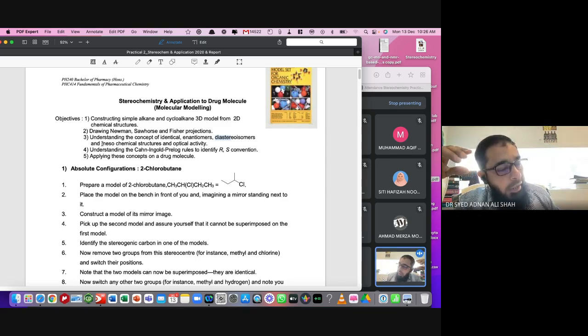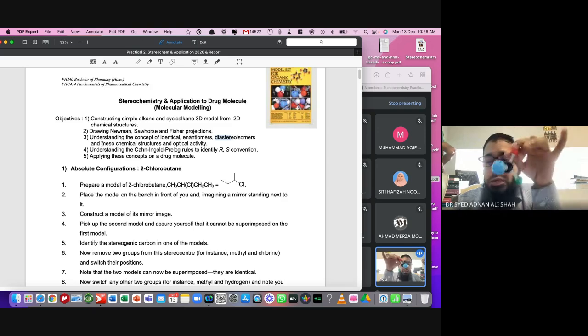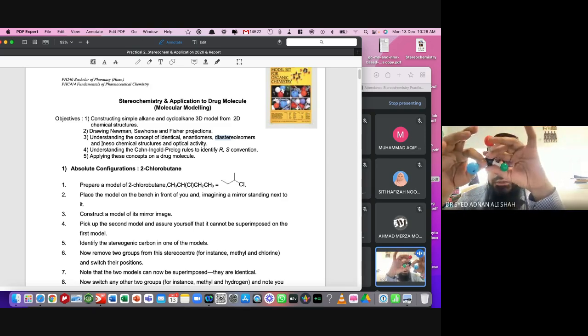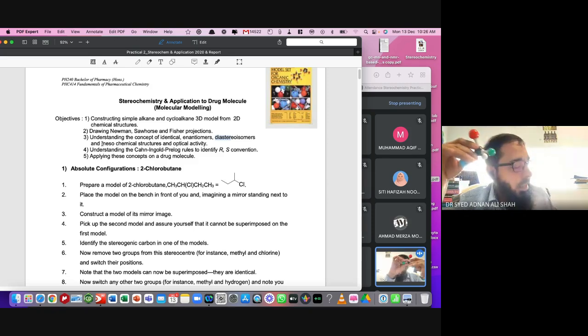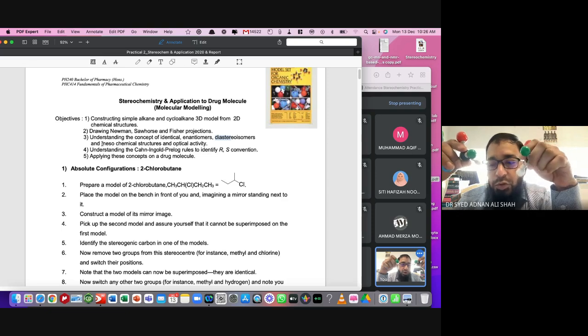And optical activity. So what is optical activity? For example, take this one compound which I showed you previously. This is the chiral carbon. If the molecule has a chiral carbon and they are mirror images of each other, non-superimposable mirror images, so they are enantiomers.